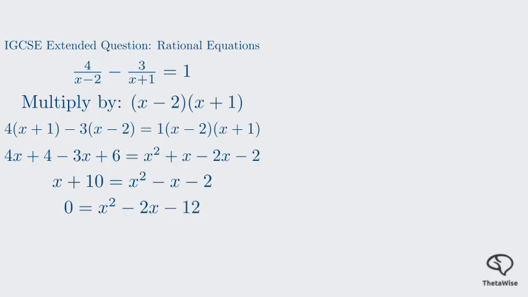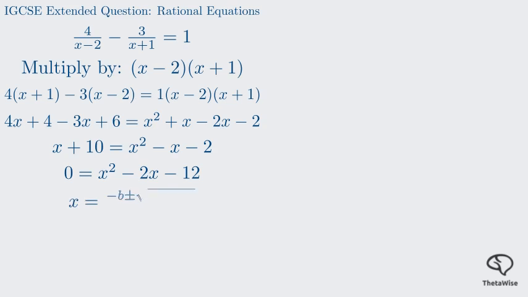Because we see an x squared term, we know this is a quadratic. To solve it, we must set the equation to 0. We subtract x from both sides, and subtract 10 from both sides. This gives us our quadratic in standard form. This particular quadratic doesn't factorize easily with integers, so we use the quadratic formula where a is 1, b is minus 2, and c is minus 12.